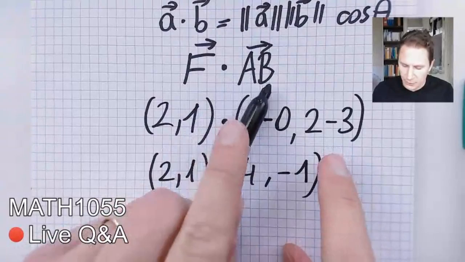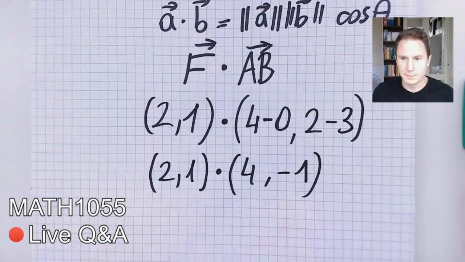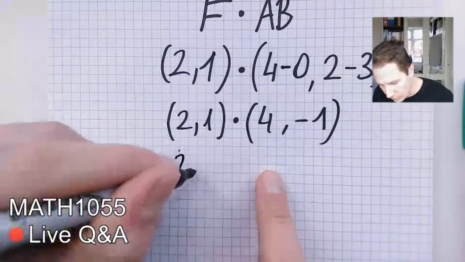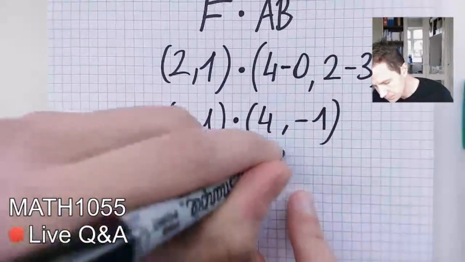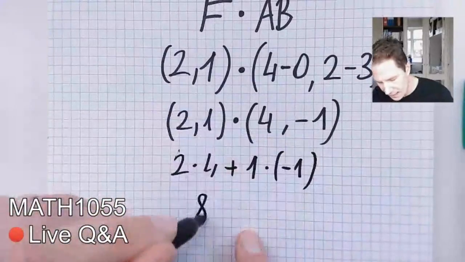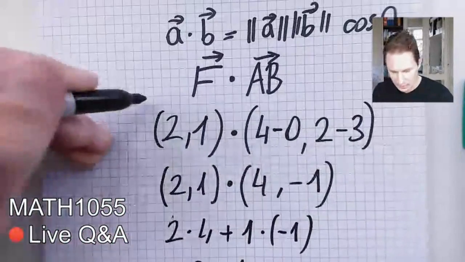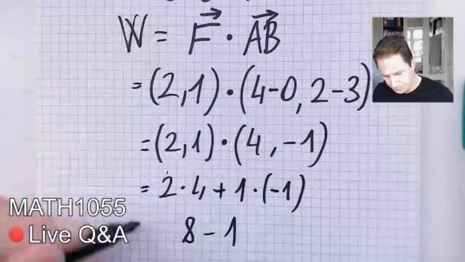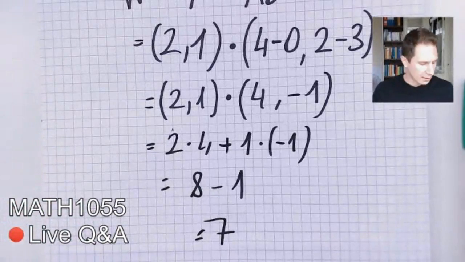So the vector pointing from A to B is 4 minus 1. And if I calculate the product of the coordinates added up, I get 8 minus 1. So that's just 7. So that was the work. Okay, so it's 7 joules.